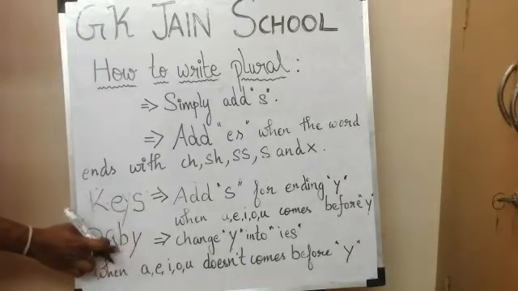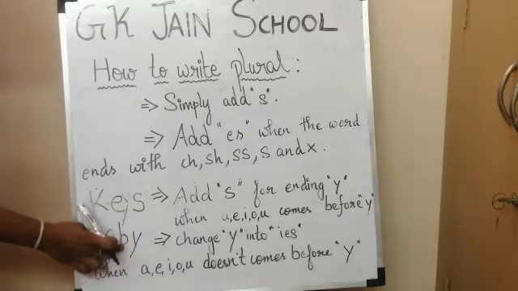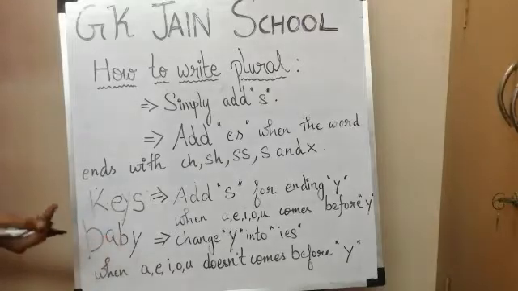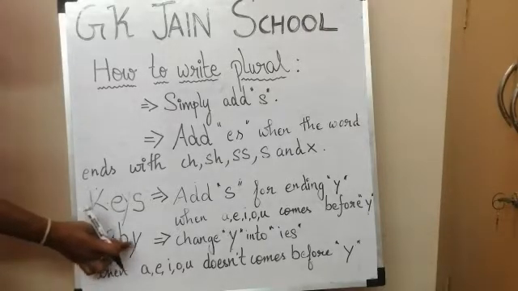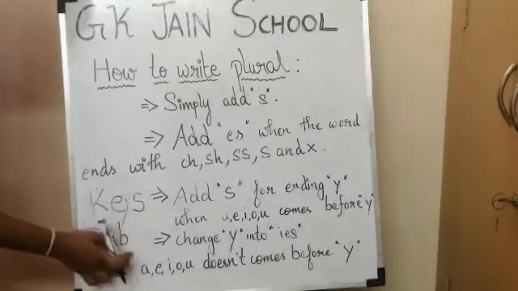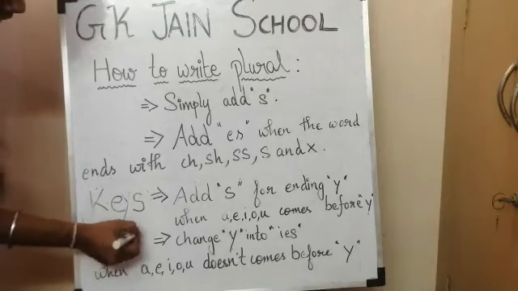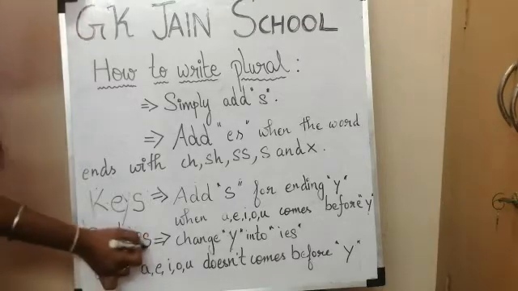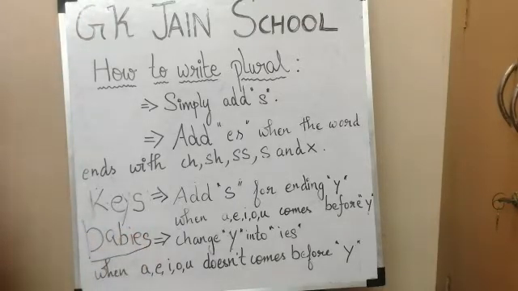Before y there is no vowel. So you strike the y and add ies: babies. Okay, children, now you understand? I'll give you more examples for all these four.